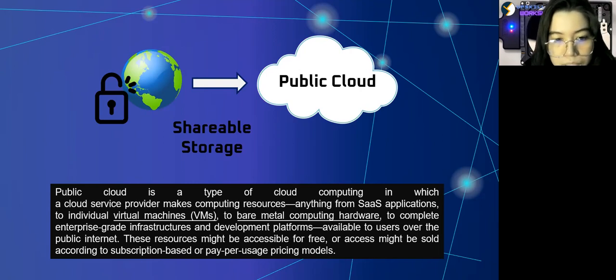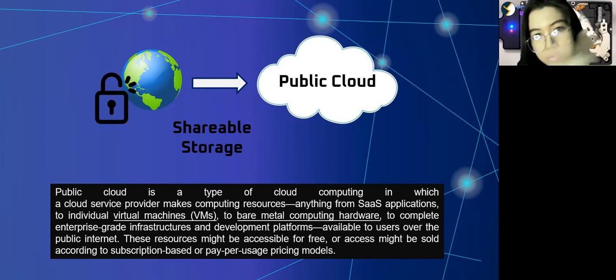These resources might be accessible for free, or access might be sold according to subscription-based or pay-per-usage pricing models. For example, Google Drive is actually a public cloud, because we have a free 15 gig and we can share it with different people. It is basically public. But if you need to use more of it, you need to pay.